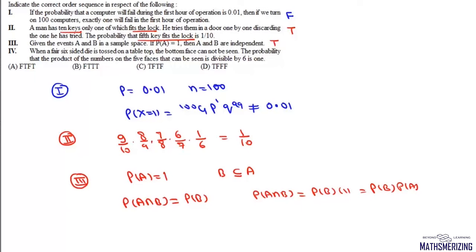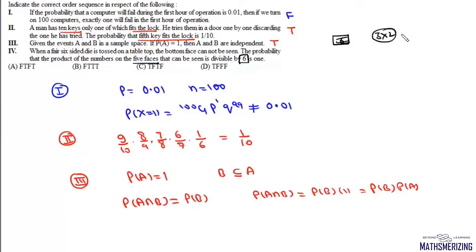Now the fourth part is, when a fair six-sided die is tossed on a tabletop, the bottom face cannot be seen. The probability that the product of the numbers on the 5 faces that can be seen is divisible by 6 is 1. Now, if the bottom face, which is not visible, is 6, then too we have 3 into 2 in the product.